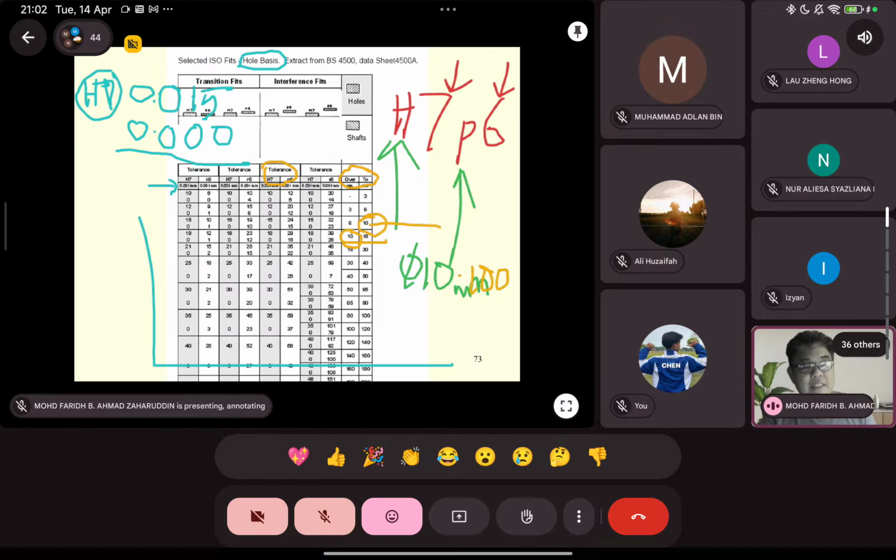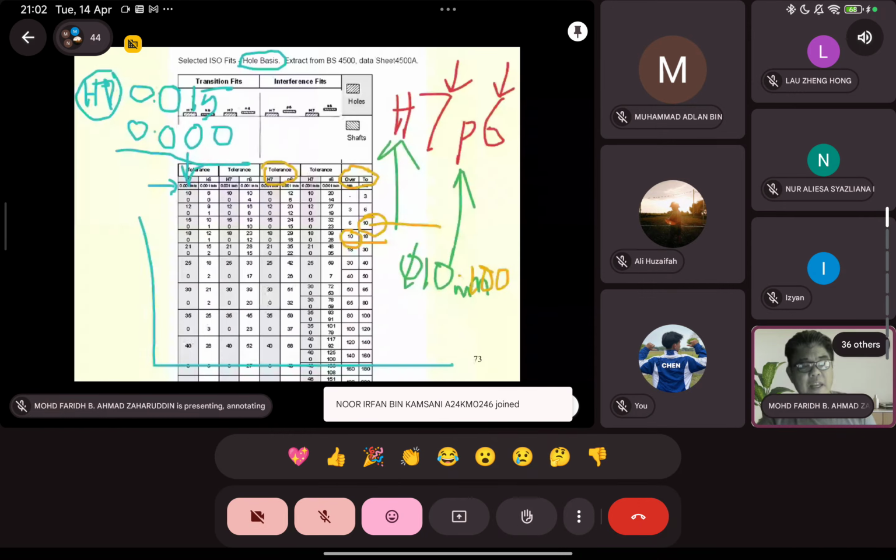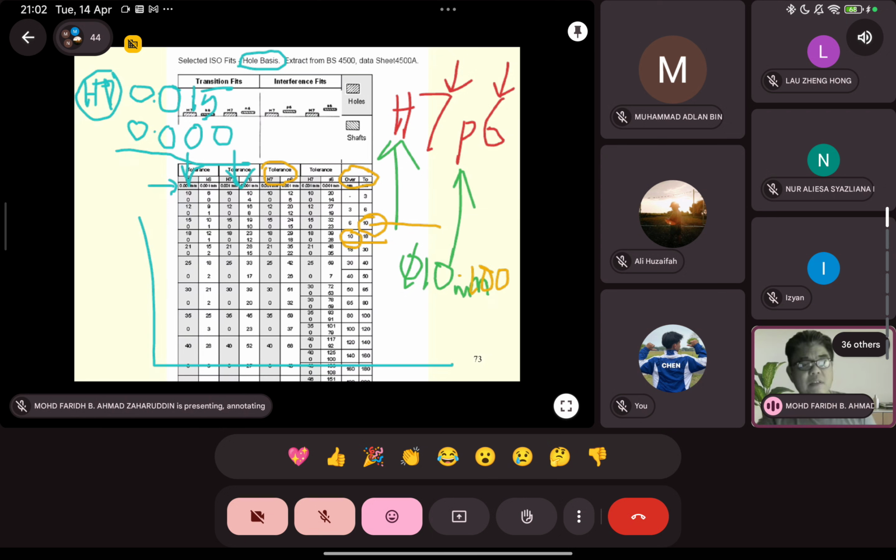So that's why if you look, guys, at all this value for holes, H7 ni, you will see that the minimum, the lower limit is all zero. All zero, this hole basis system. Understand? Thank you, Alisa. Okay, thank you very much.